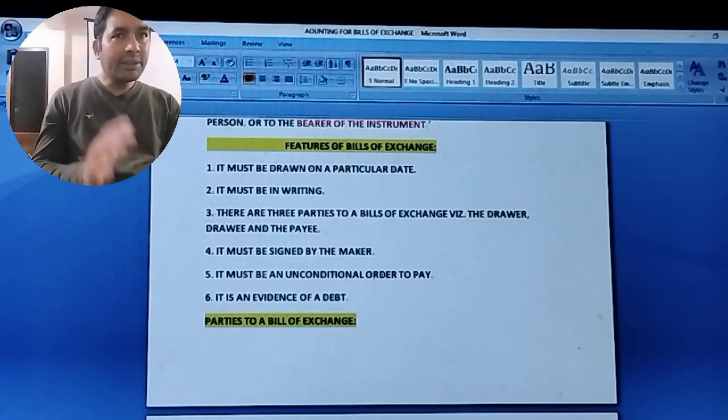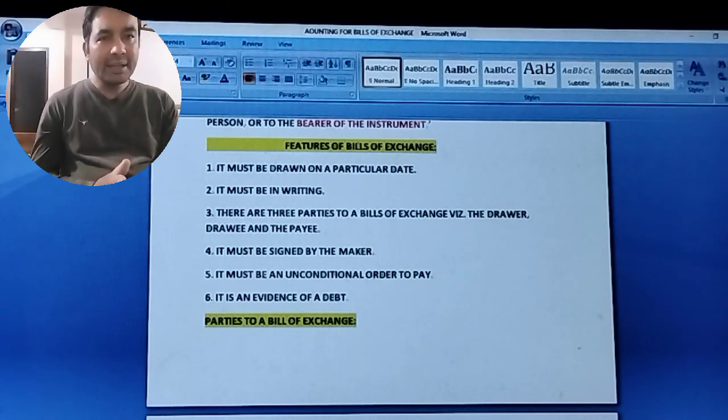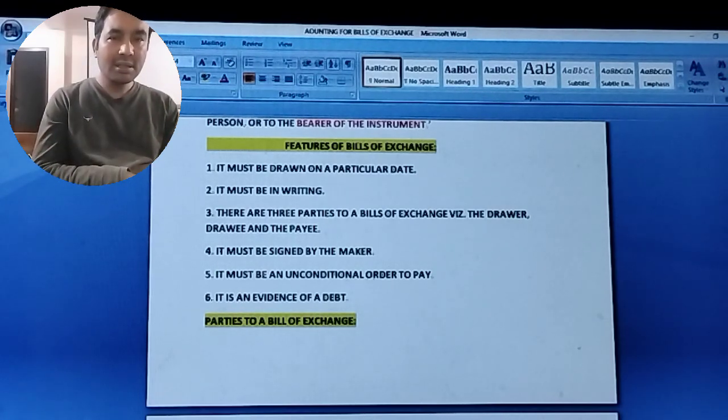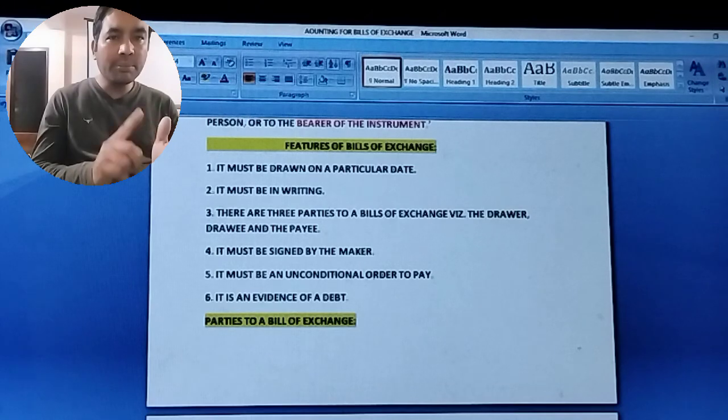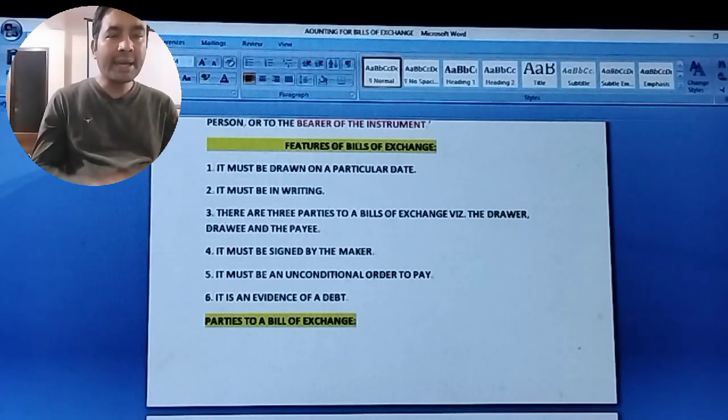Number three, there are three parties to a bills of exchange: the drawer, drawee, and the payee. So, who is a drawer? The person who draws the bill, and usually the seller is the drawer. And who is the drawee?